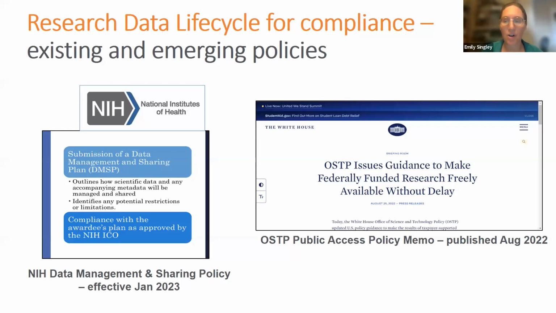So this is starting to hit us within the next couple of years. It's important to note, we often think of OSTP as just applying to the published article, like making your publication open, but it actually applies to the underlying data as well, and it applies to all granting agencies.